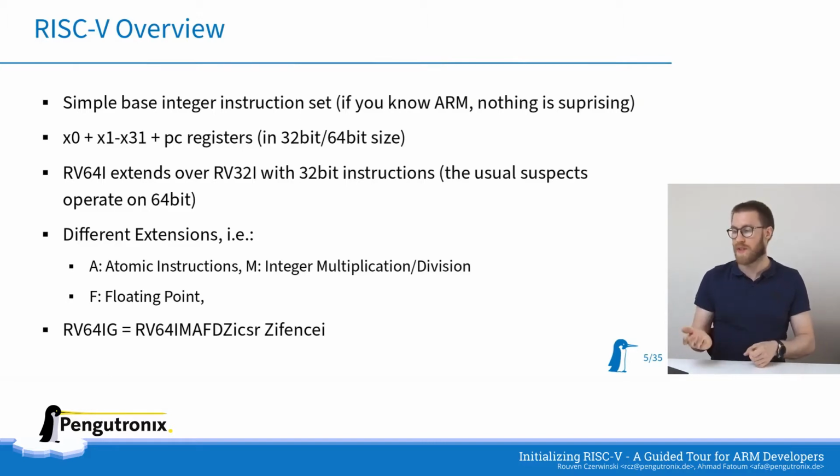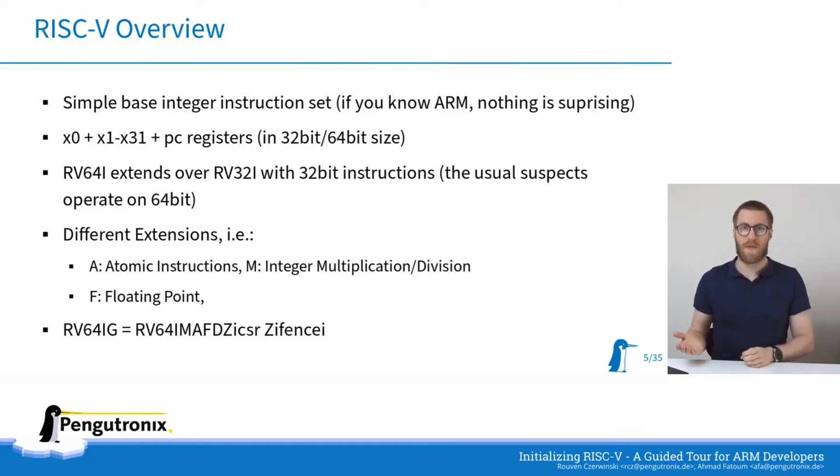There are also different extensions. For example, there's an extension for atomic instructions to have one instruction which atomically exchanges a value. There are extensions for integer multiplication and division. There's an extension for floating point or for double floating point, and for the control and status register.